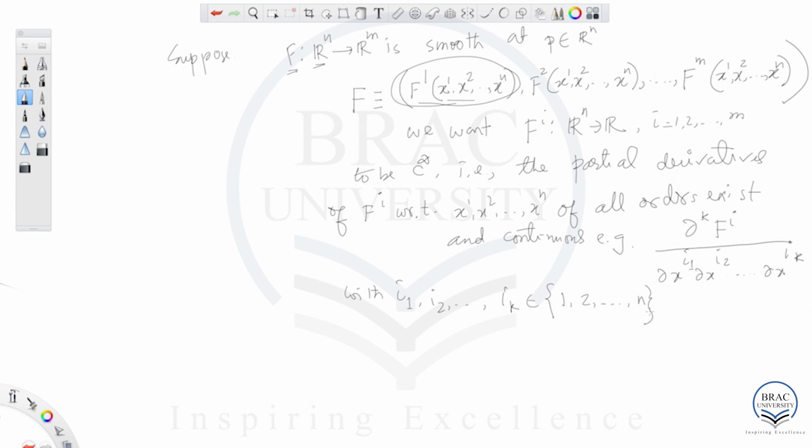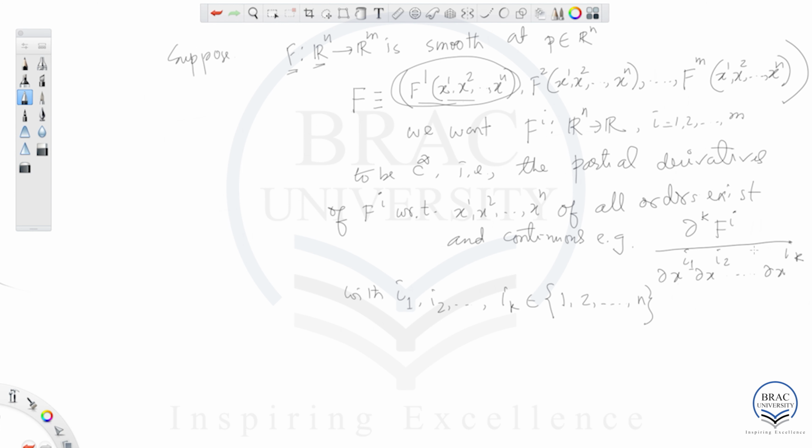So they can be anything, k positive integers from this set of n positive integers. Suppose we can have x1, then we can have x3, whatever we want.